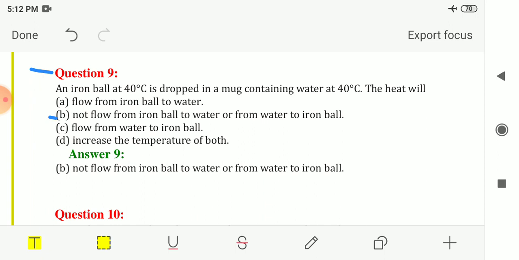Because both the objects are at the same temperature, that is 40 degrees Celsius, and we had seen that between objects which are at the same temperature, heat transfer will not take place. So that's why heat will not flow from iron bowl to water or water to iron bowl. So option B is your answer.